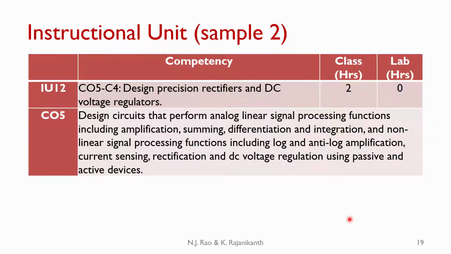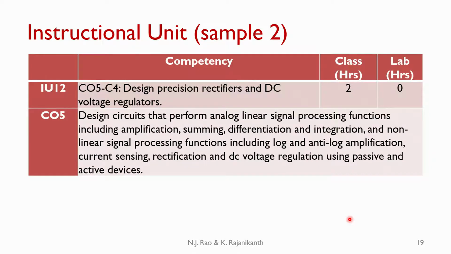So C4 is related to designing precision rectifiers and DC voltage regulators, and we require 2 hours of class. And CO5 is a much longer statement: design circuits that perform a whole bunch of analog linear signal processing functions.